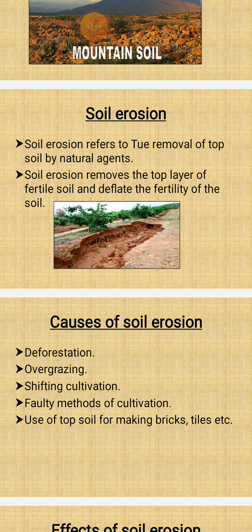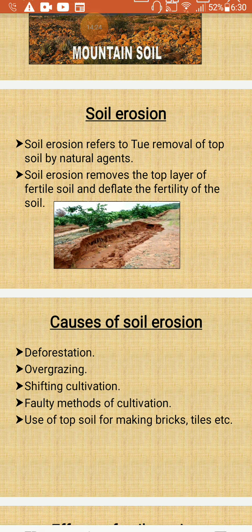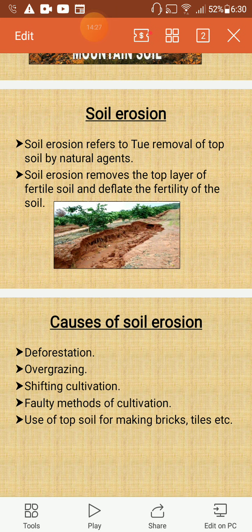If the topsoil is washed away, which are the agents you have already learned in lower classes? That is rain, wind, mainly these agents will wash away the topsoil. If we lose topsoil, that is fertile soil, the leftover soil will not be suitable for a good yield. Yield means agricultural production. Got it?